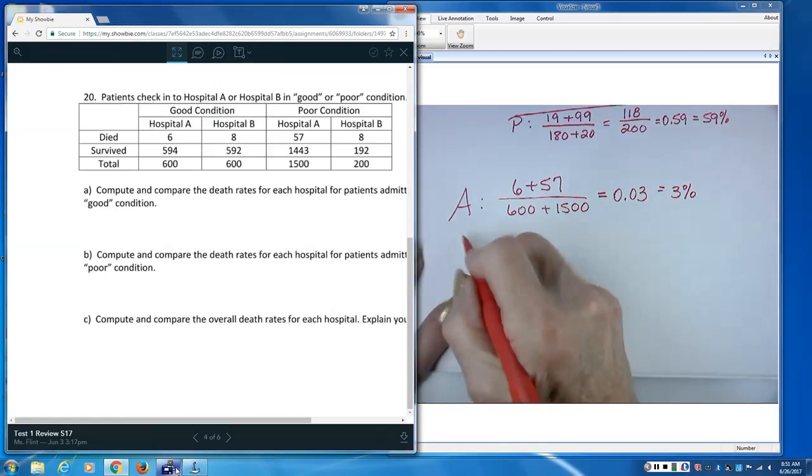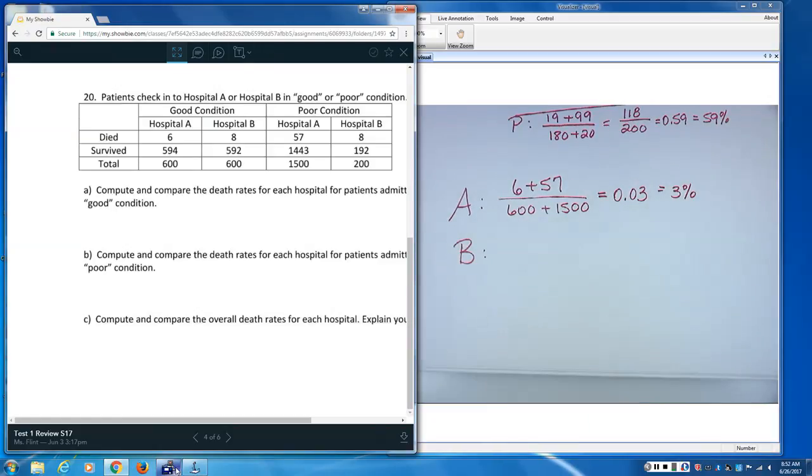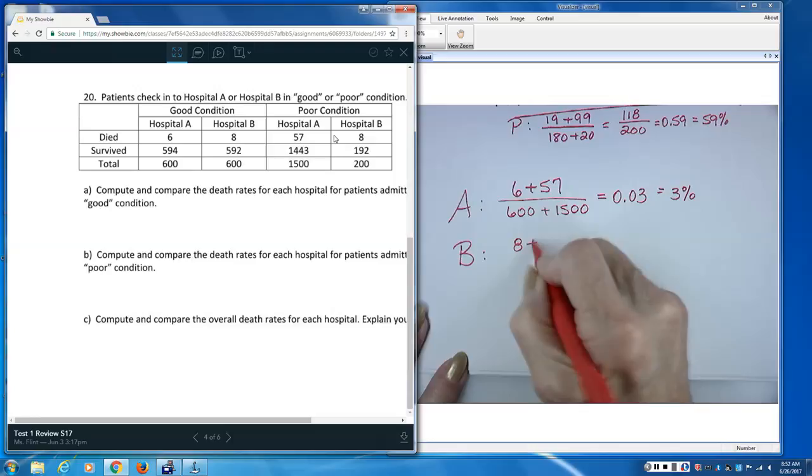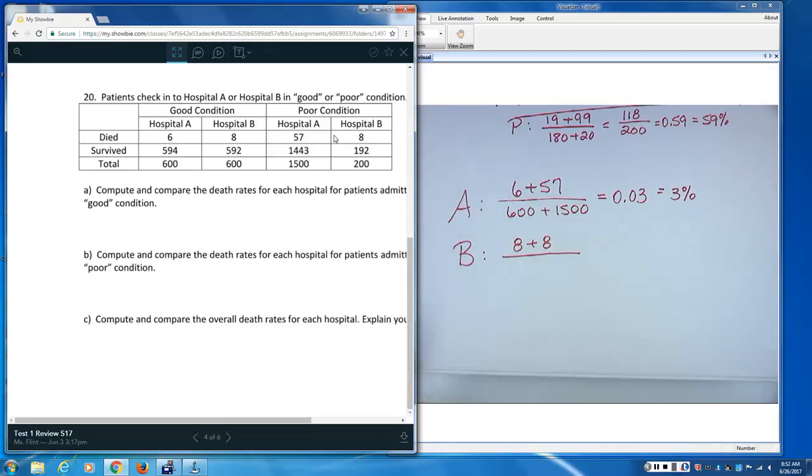Hospital B had 8 that died in good condition and 8 that died in poor condition. And their total was 600 plus 200, only 800 people.